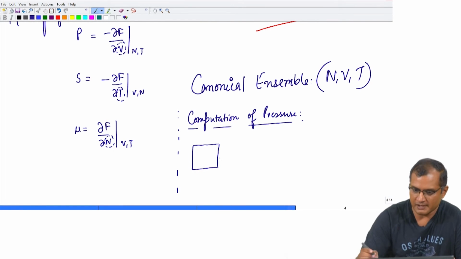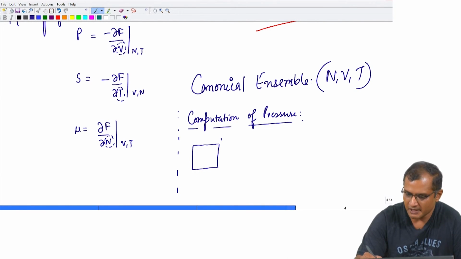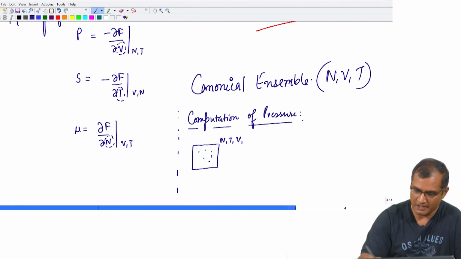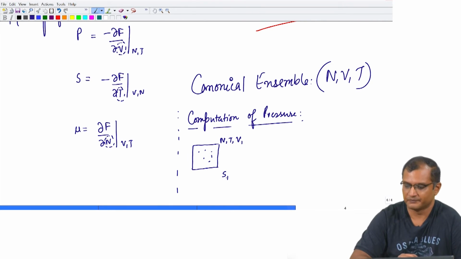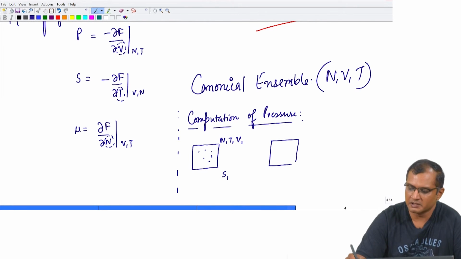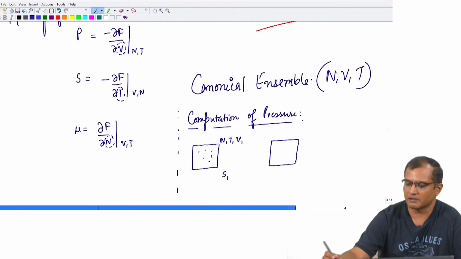Let us say you create this ensemble at n, T and volume V1. This is one system, call it system S1.